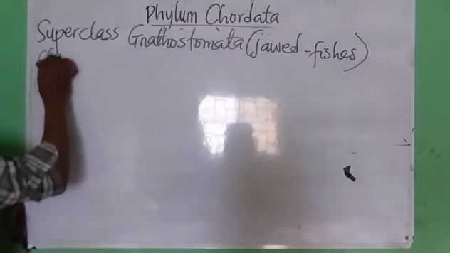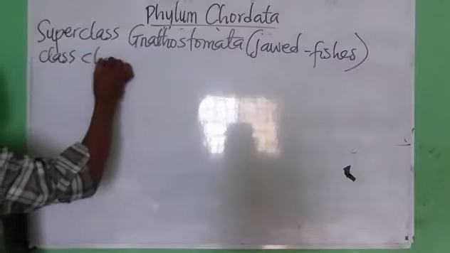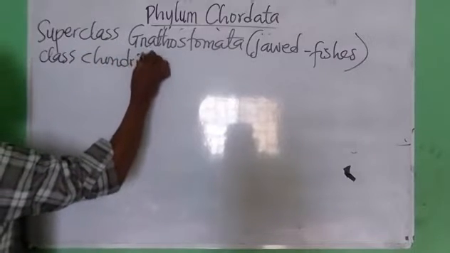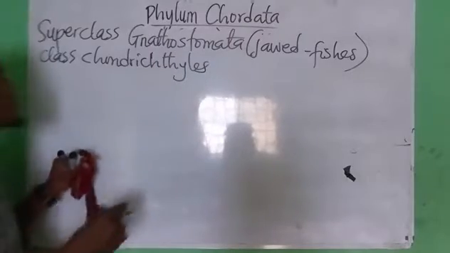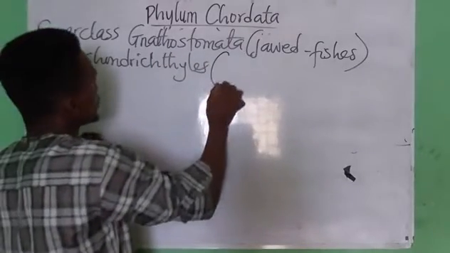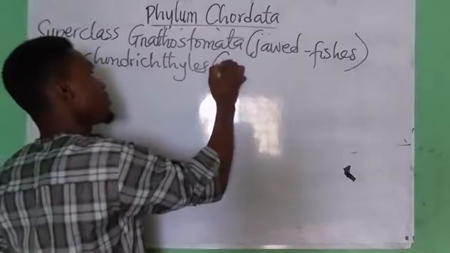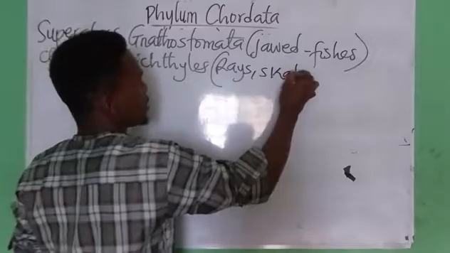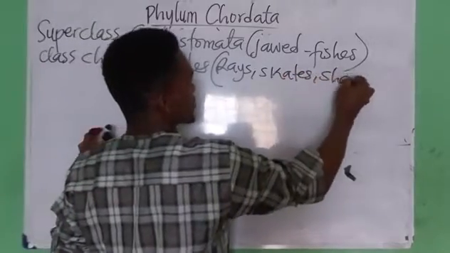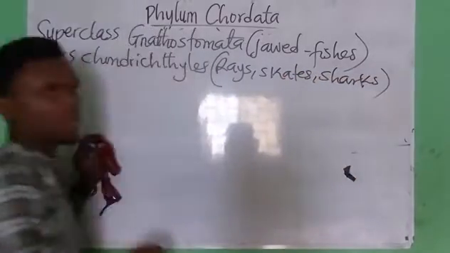You now have class Chondrichthyes, and of course you have them to be rays, as initially said, rays, skates, and what? Sharks.